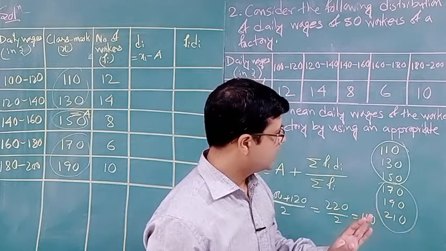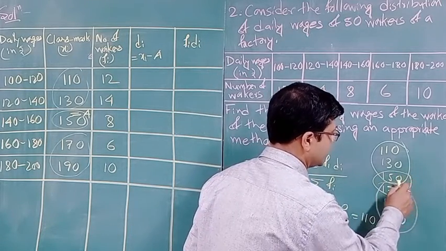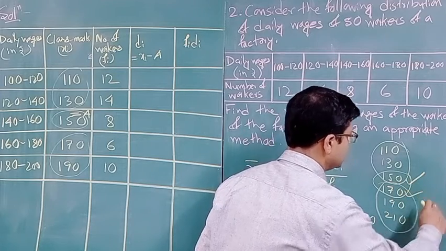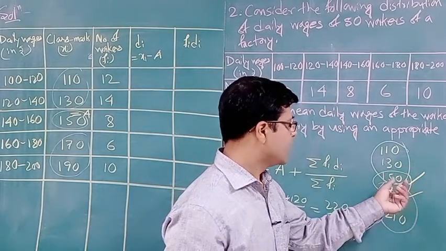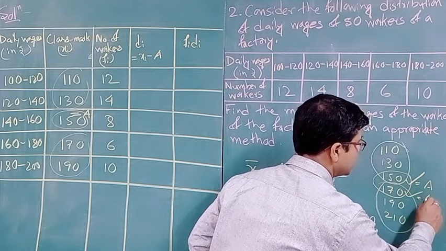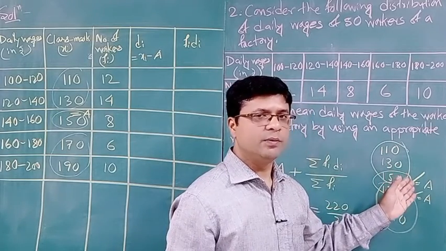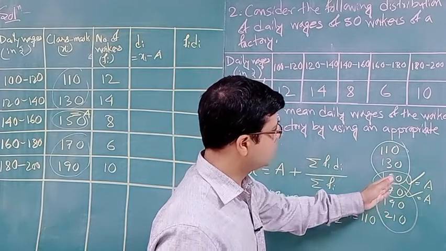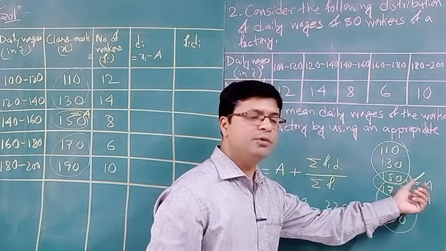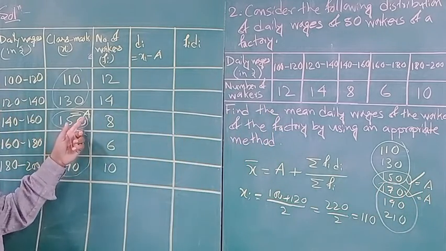Do not create any confusion. In the middle there are these 2 values. Either you consider this one or this one. It will be your choice. Either you consider this as A or this as A. Ultimately the answer is going to be correct. You will get the same value if you take either as the assumed mean. Here this A stands for the assumed mean.